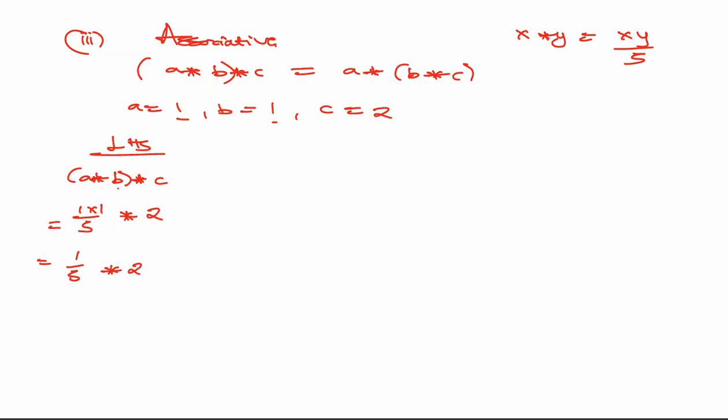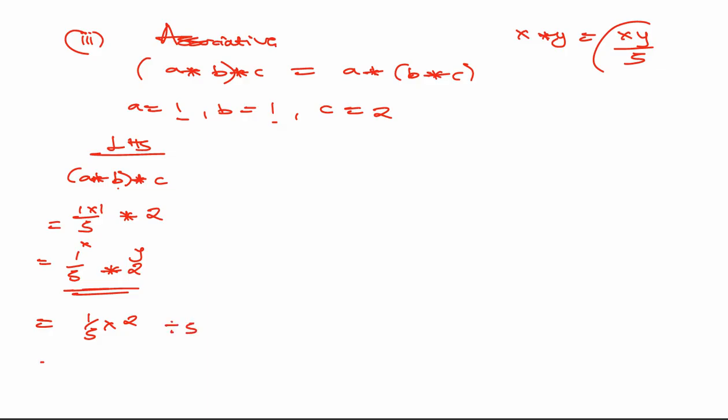Next, we are going to test this using the same expression. Where there is x, we replace 1 over 5. Now y becomes 2, because this is y, this is x. So we multiply by 2 over 5. This means we are dividing by 5 there.